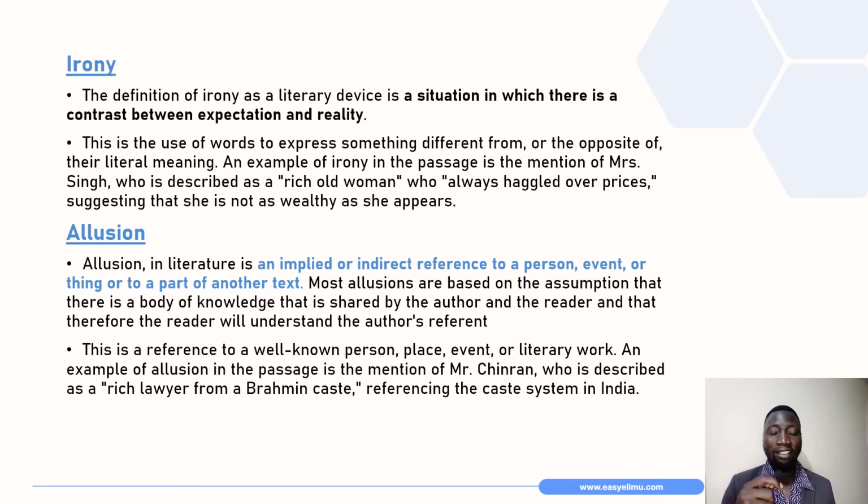So there is that direct reference drawn from the Indian caste system to help us describe Mr. Chindran and how he is of high caste in the society. Remember, in a society, we talked about the high caste and the low caste when it comes to societal barriers or social discrimination.